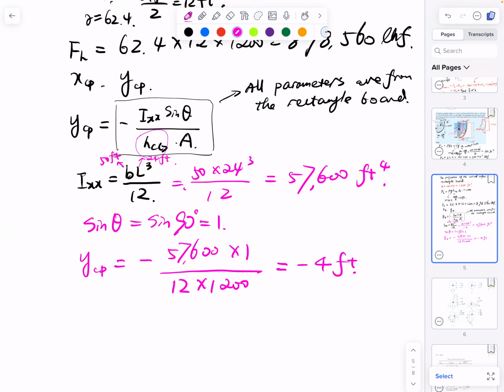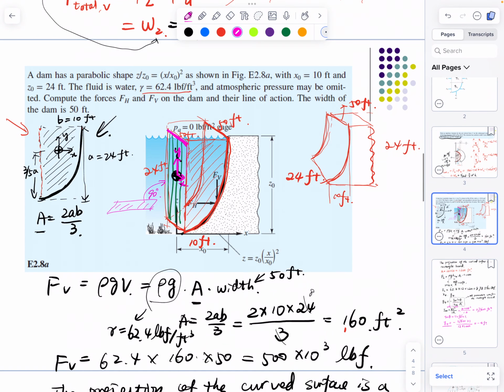That's where the force actually works, here. Down 4 feet, you have your CP. Let me change the color. Here should be your CP.